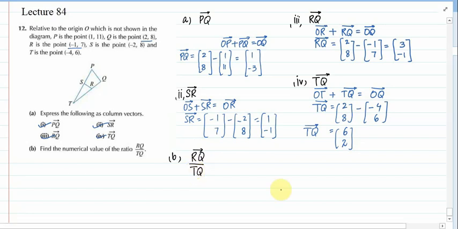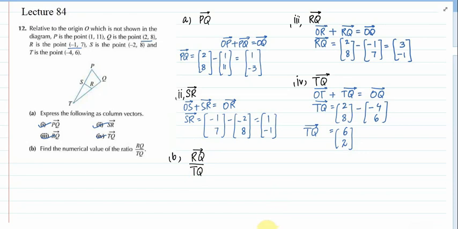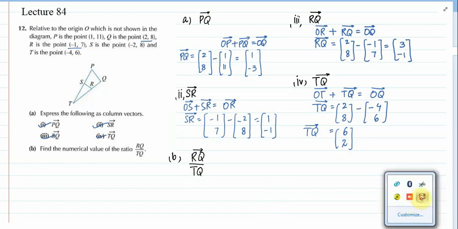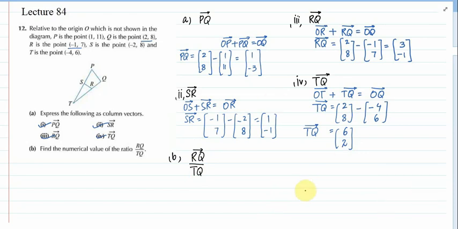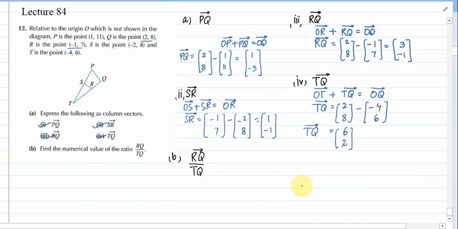If yes, then first try it by yourself. But before that, if I look at the solution of RQ, I made a mistake, I think. Here 8 minus 7 is equal to positive 1, not negative 1, right? So it's (3, 1).